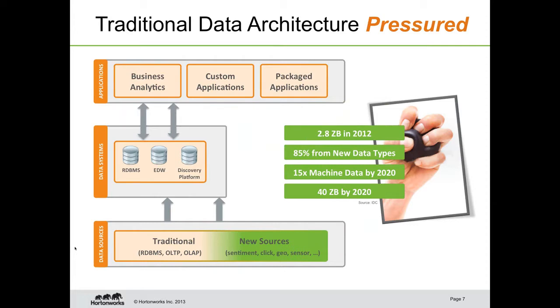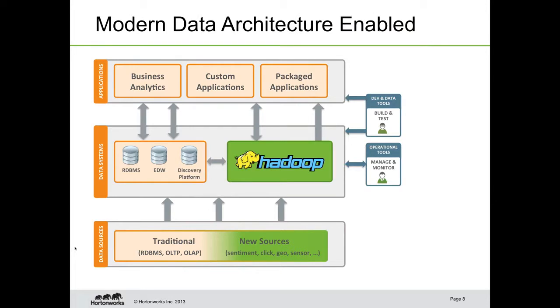So, of course, it's necessary to think about new components, new pieces to that infrastructure as we start to talk about what a modern data architecture looks like. And in fact, modern data architecture is going to be one that includes Apache Hadoop.